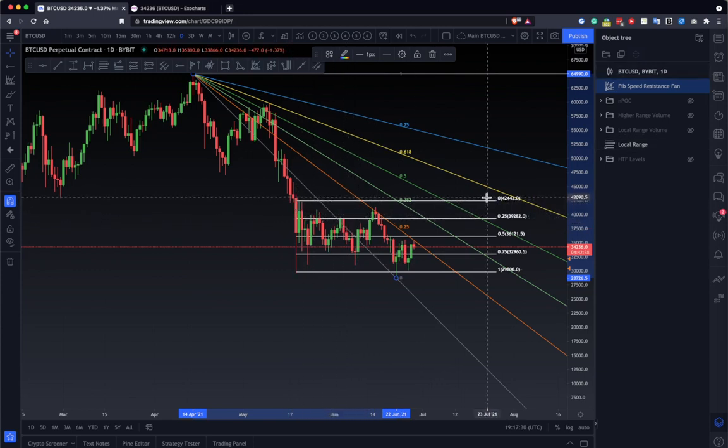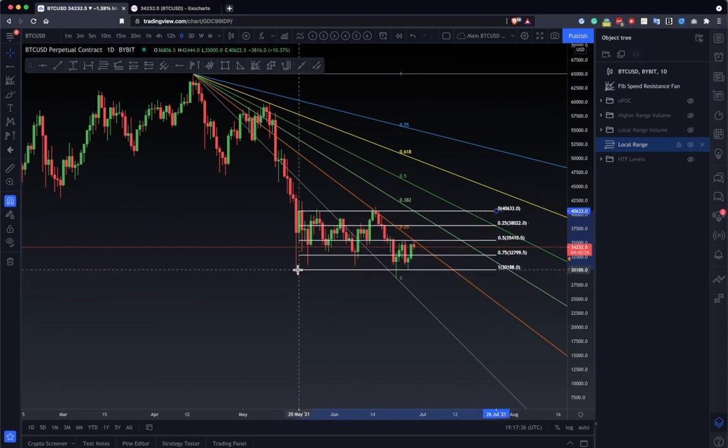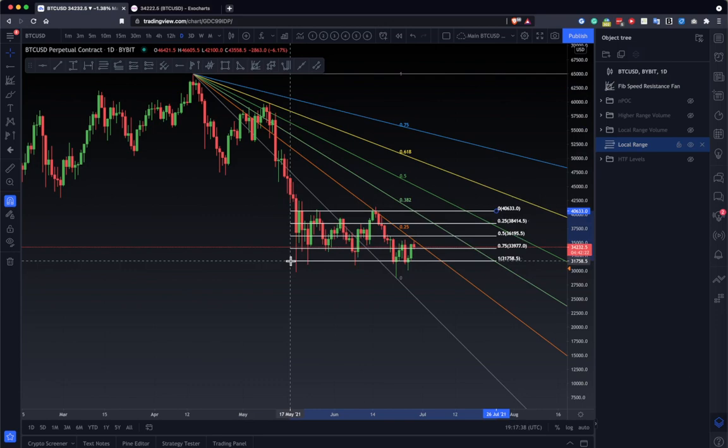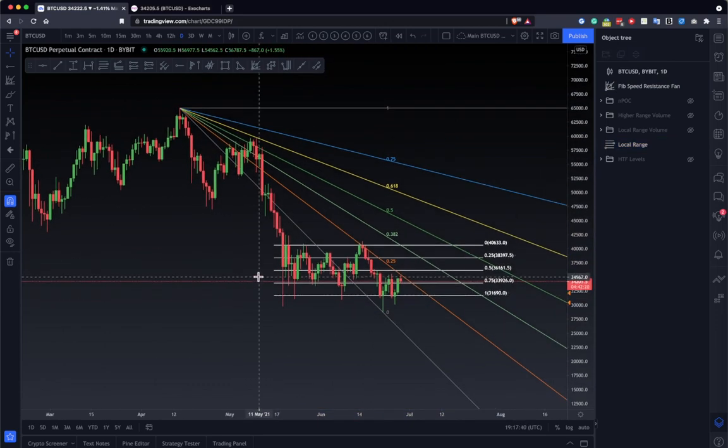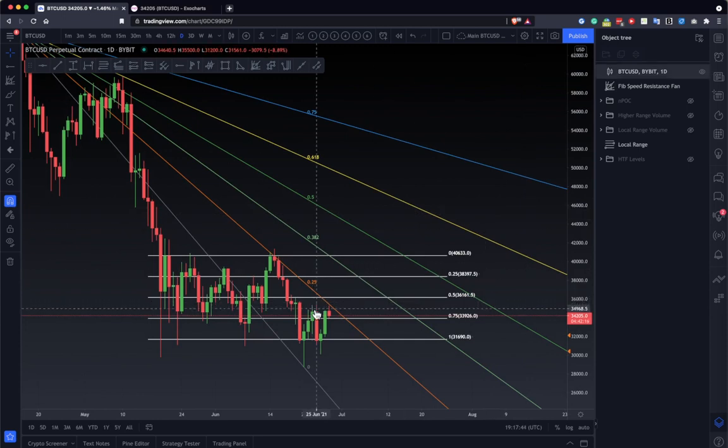It's very soon to talk about that, but this range will break, and we had 1, 2, 3. Even if you take it like that, or like this, which is more likely, it's the better way to take the range. Then we had 1, 2, almost 3, 4 times trying to break the high.